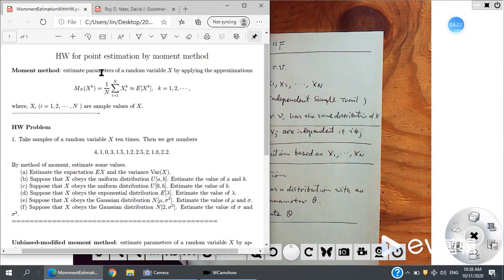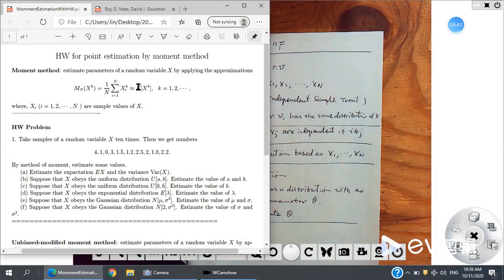We want to estimate parameters of a random variable x by applying this method. We calculate some values based on xi, and let this value be an approximation of E of x to the k.